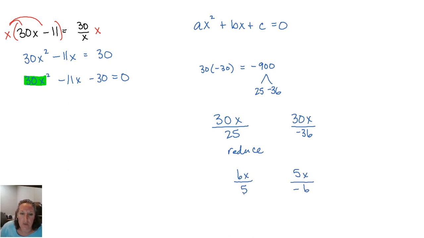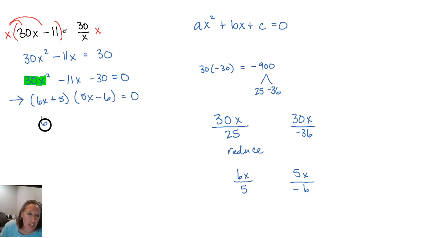And then we're just going to lay those down. So our factors are 6x and a positive 5 from this first fraction, and 5x and a negative 6 from the second fraction. If you are asked to solve by factoring, give me the step that shows your factors.